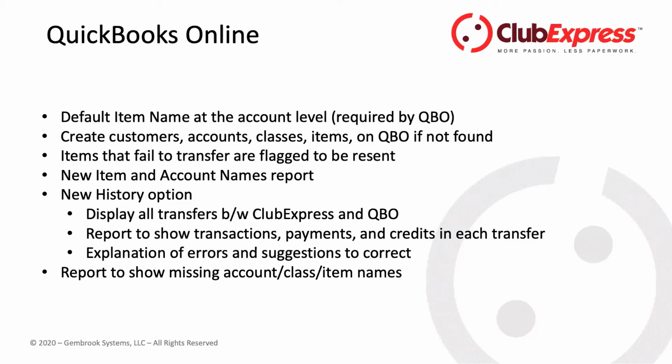If there are transactions or payments that don't transfer, we'll now flag those to be resent, even if the date flag has moved on. We've added a new report that will show you the item and account names for everything in the system. There's also a new history option here, and let me show that to you.